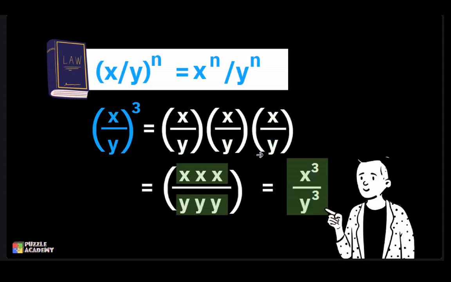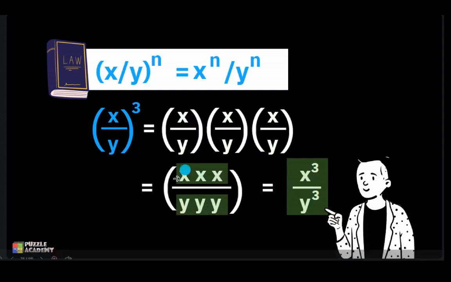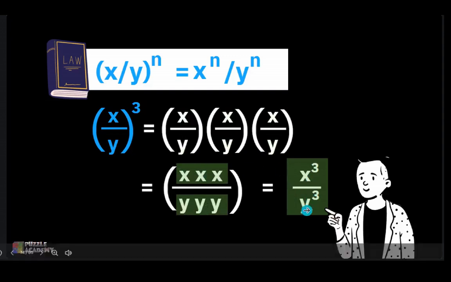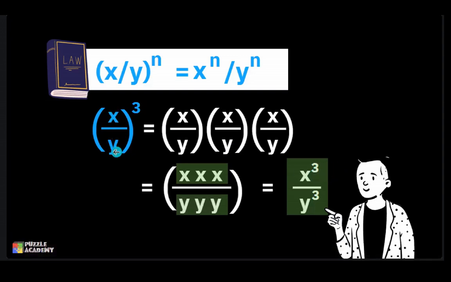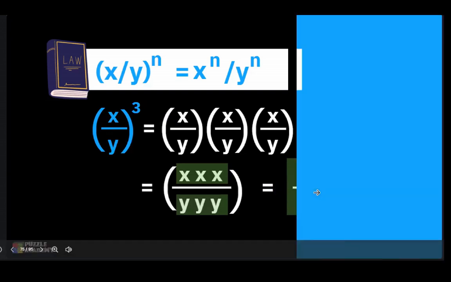Ito naman yung y. Bilangin natin ngayon yung number of x and number of y. Sa numerator, we have x cubed, dahil tatlo yung x natin. Sa denominator, we have y cubed, because tatlo rin yung ating y sa denominator. Okay, this could be the final answer. So, x over y raised to 3 is equal to x cubed over y raised to 3.